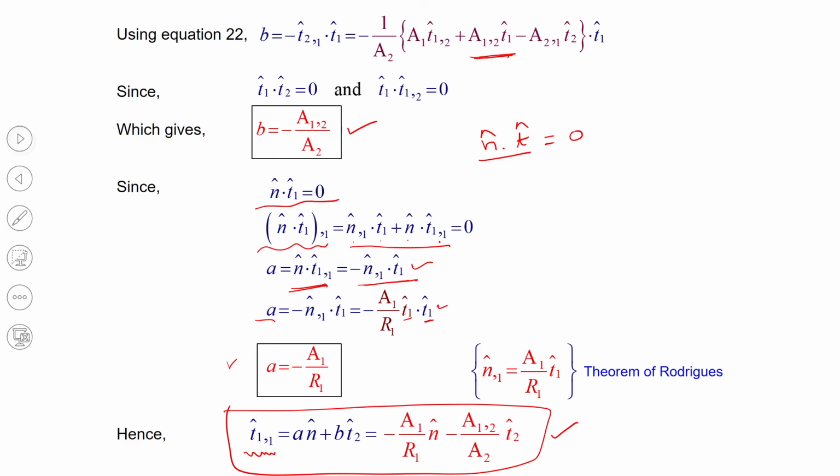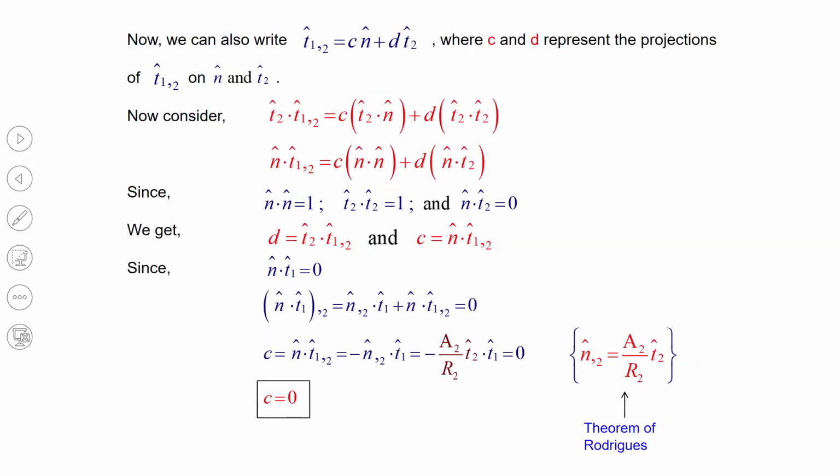Same way we can derive the derivative of the tangent vector along the second direction. So, they will also be perpendicular to T1 and they will lie in the plane of n and T2. Now, you multiply with T2 and n hat.